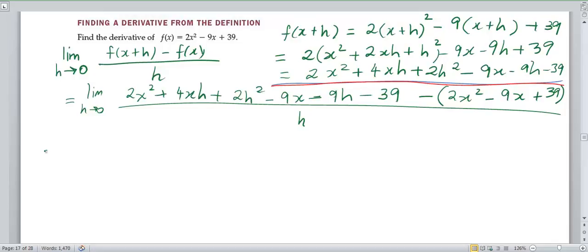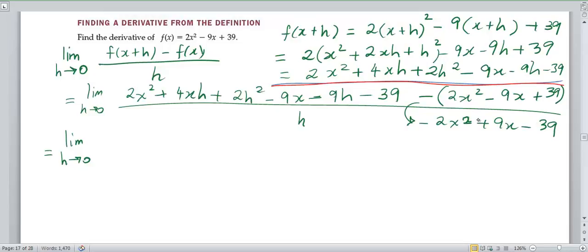Okay, so then we get the limit as h goes to 0 of 2x squared, so this becomes minus 2x squared plus 9x minus 39. All the signs change.